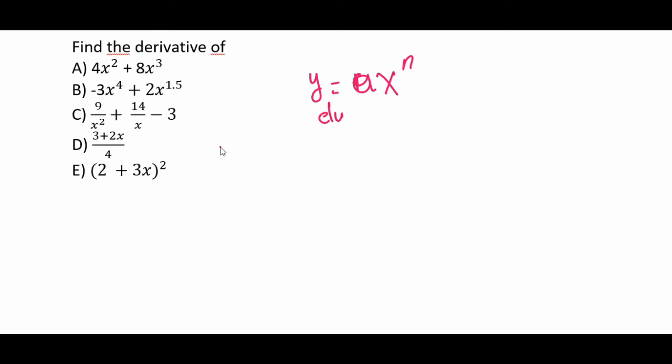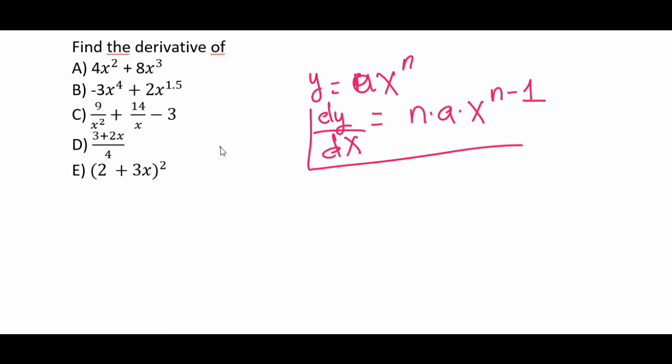When I find the derivative of this equation, I will obtain n times a x to the power n minus 1. This is how you calculate the derivative of an equation of this form.